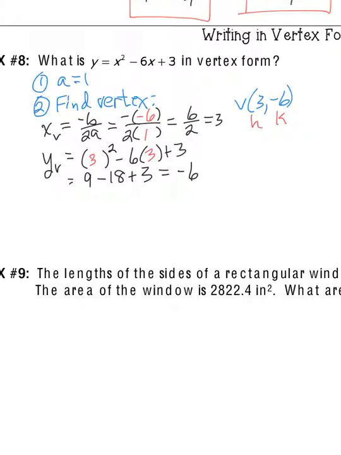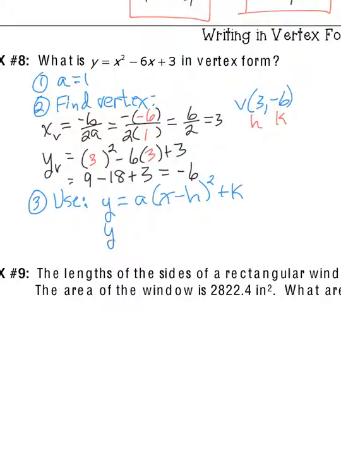So that step 3, we're just going to use the vertex form because that's what form we want it in. So we're going to use y equals a times x minus h squared plus k. So we're going to put in 1 here for a, the opposite of h, so h is 3, so we're going to put in a -3, and then the same as what we see here for k, and that's no different than we did previously.